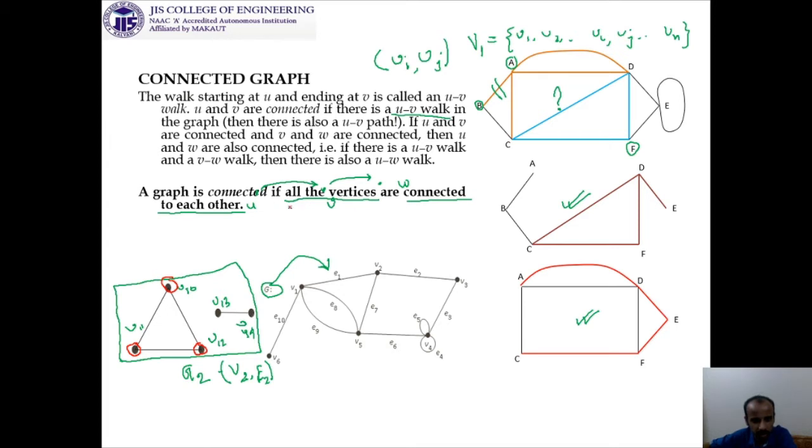It is required that if all the vertices are connected, then if you want to go from V10 to V13, can you go by any path, by any means? No. So if you can't go, then it is not a connected graph. It is as simple as that. We have to keep this in our mind.